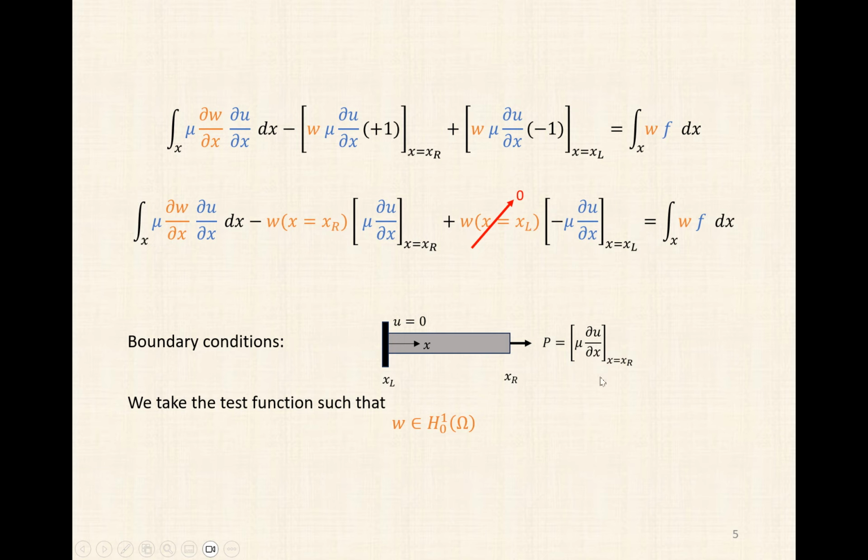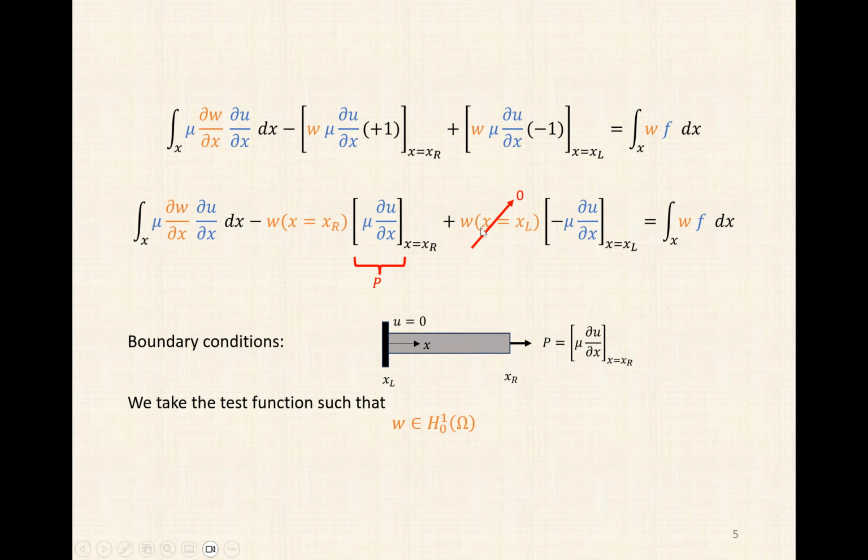And next we use the term on the right side boundary, that is p. This term on the right side boundary, which is mu dou u by dou x at x equal to hr, in the brackets is p at x equal to hr.